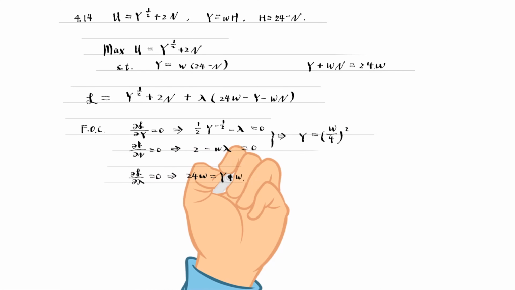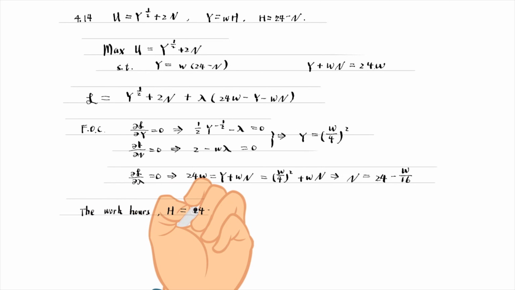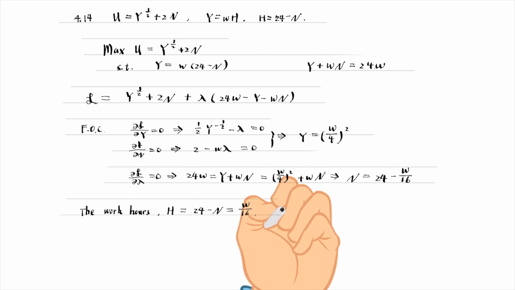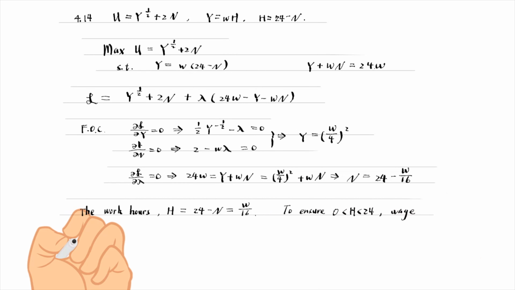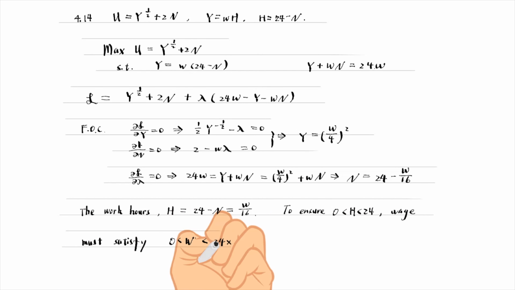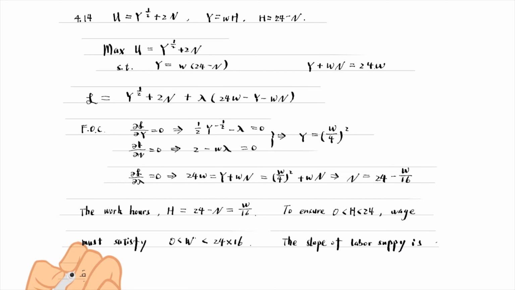Substituting it into the third condition, the budget constraint, gives the solution for leisure. The work hours H equals 24 minus leisure. It is equal to W divided by 16. This is the labor supply function. To ensure an interior solution, the wage W must be within a range. The slope of the labor supply curve is 1 over 16.